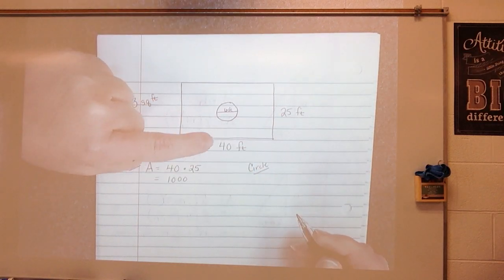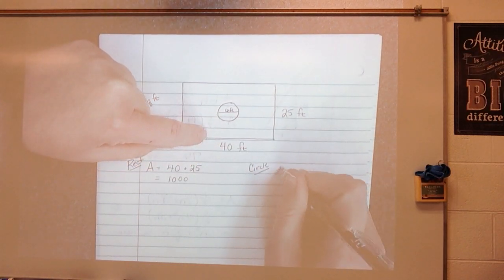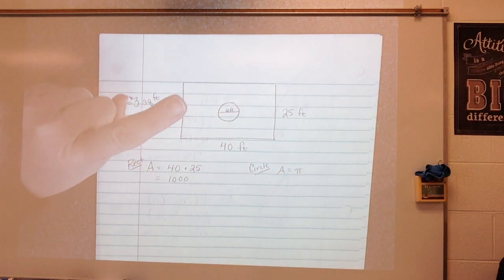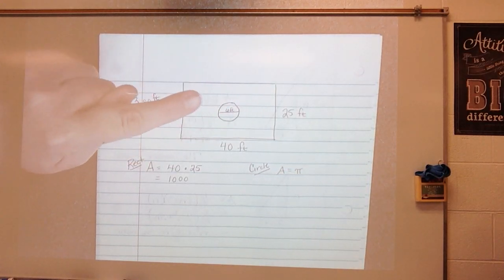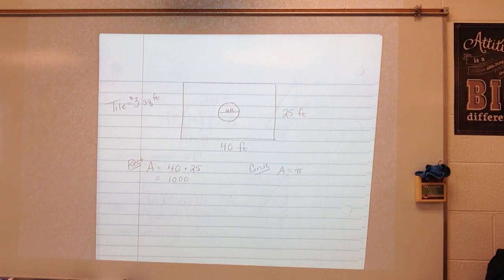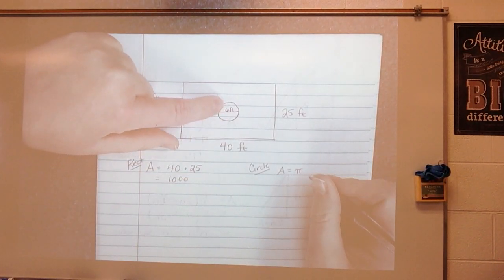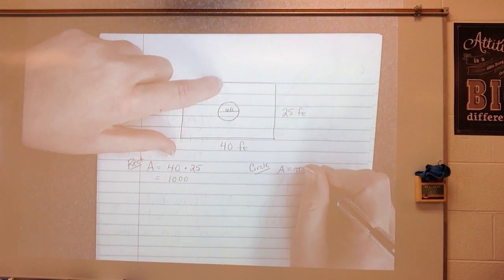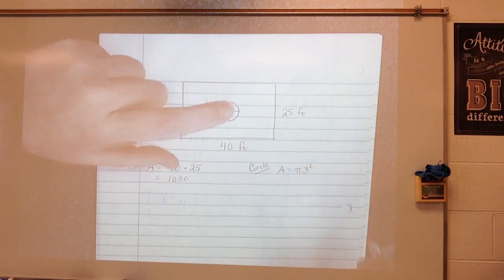To find the area of the circle, I would do pi r squared. Now, it gave me the diameter. Diameter is the whole entire thing, and I want half of that. So the radius of this is 3, so I would do 3 squared.